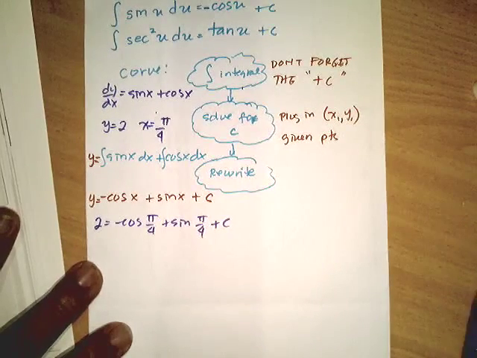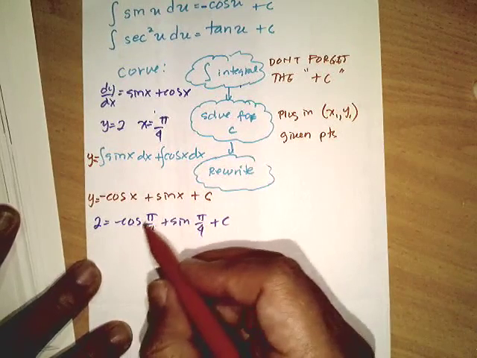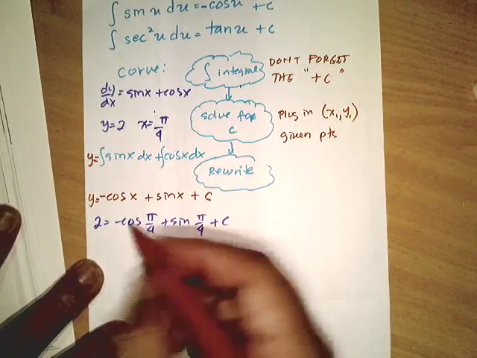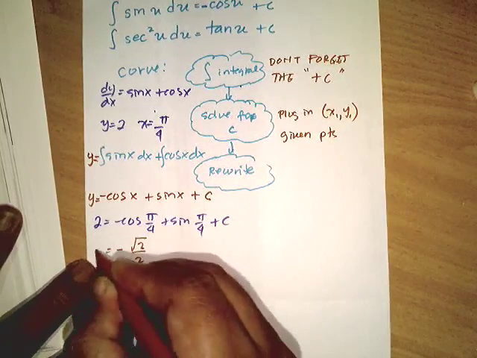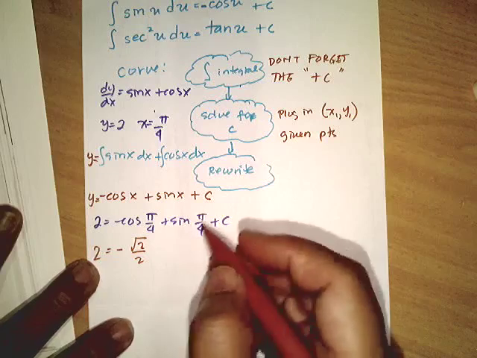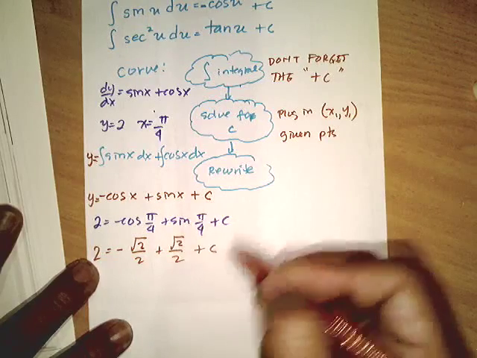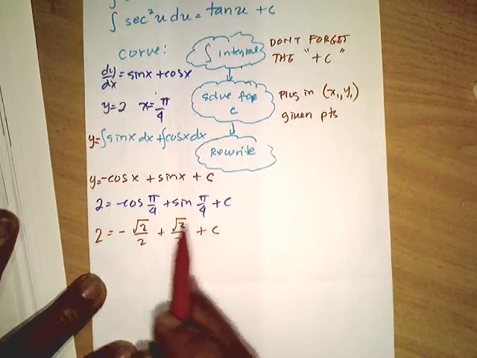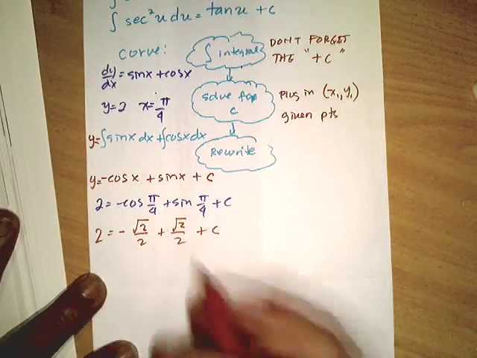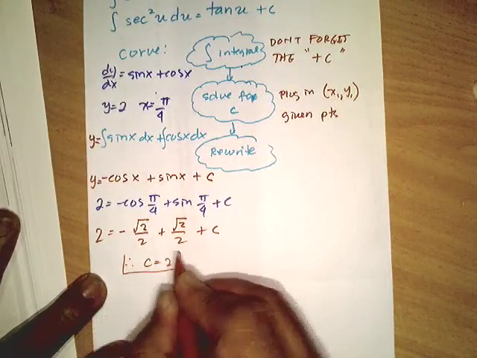Cosine pi over 4 is the square root of 2 over 2, so this is negative square root of 2 over 2. And sine pi over 4 is also square root of 2 over 2, plus c. Negative square root of 2 over 2 plus square root of 2 over 2 is 0. So therefore, c is equal to 2.